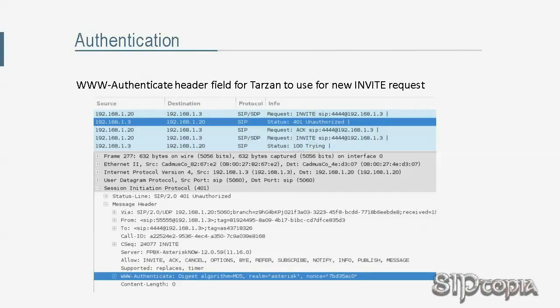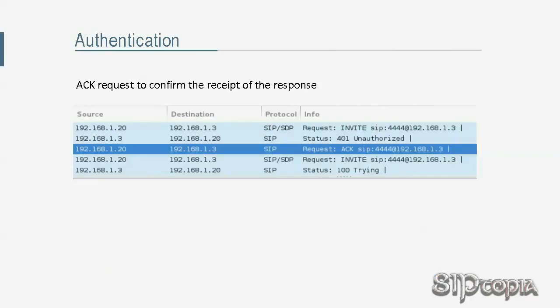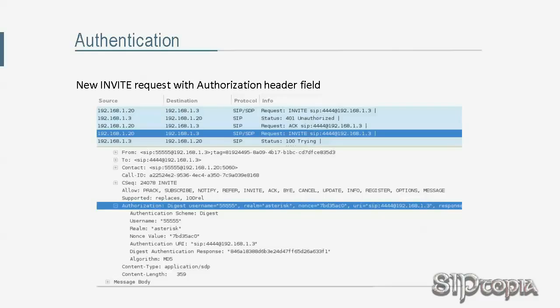The response includes www-authenticate header field with certain parameters for the user agent client to use in its new invite request. Let's keep in mind that the UAC follows up with an ACK request to confirm the receipt of the response before reattempting the call. After the ACK request, the user agent client sends a new invite request with the credentials calculated and listed in the authorization header field.